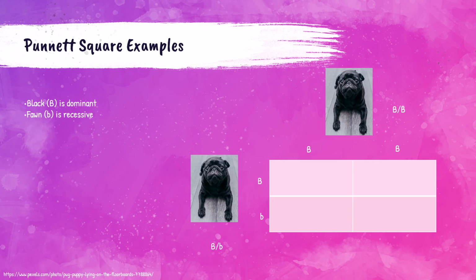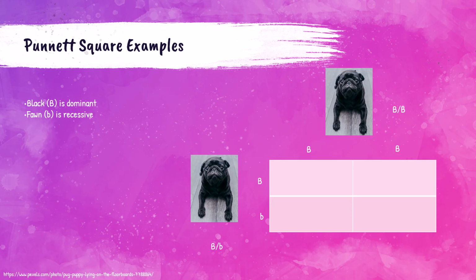So why is that pug black in color and not fawn in color? Because it has the genes for both of them, right? Remember, big B is black and little b is fawn. So why is it black and not fawn? The reason for that is that big B is dominant. So black is dominant. That means if there's a big B present in the genotype of a pug at this specific locus, it's going to be black in color.